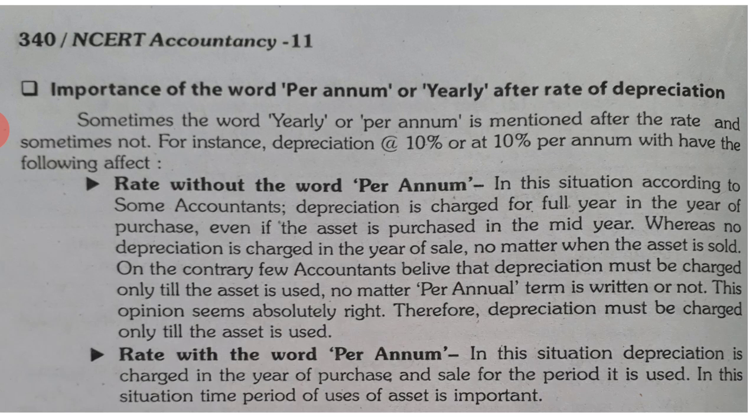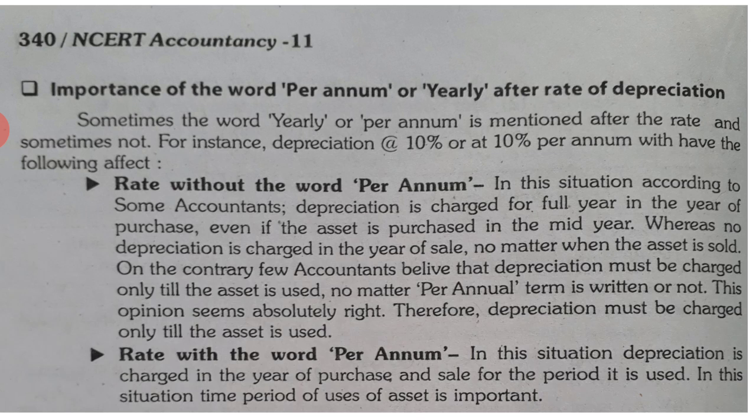Now we'll talk about some important thing, and this is very important and very useful for all the numerical questions you will solve in this chapter. You might be given a rate, a percentage, you might be given the per annum word, or it may be without per annum. So when the per annum word is added after the percentage, then you will charge depreciation for the period the machine or the asset is in use.